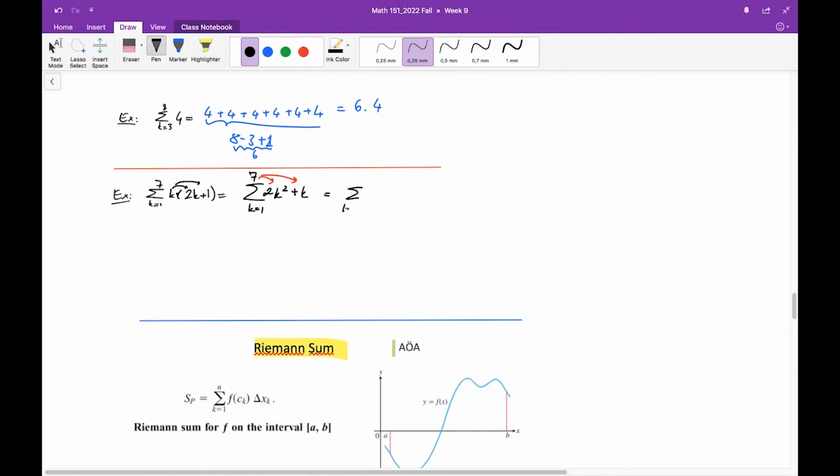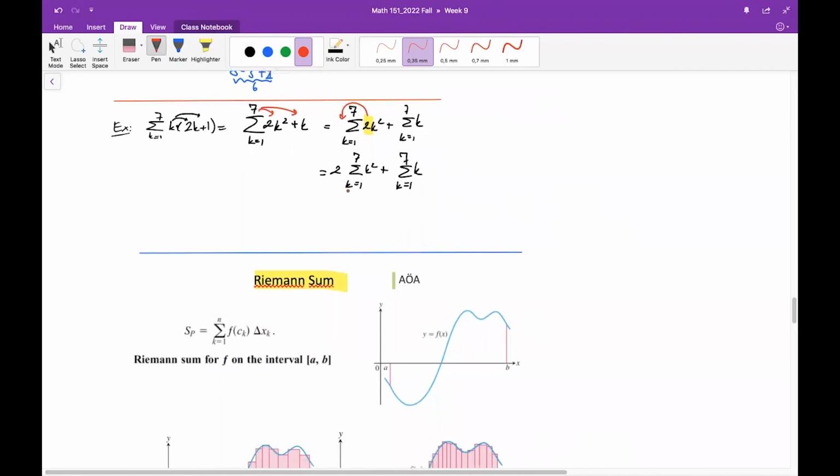So it is the sum for k from 1 to 7 of 2k squared, plus the sum for k from 1 to 7 of k. And another property: the constants that do not depend on k can go out of the sigma notation. This is 2 times the sum of k squared for k from 1 to 7, plus the sum of k for k from 1 to 7.